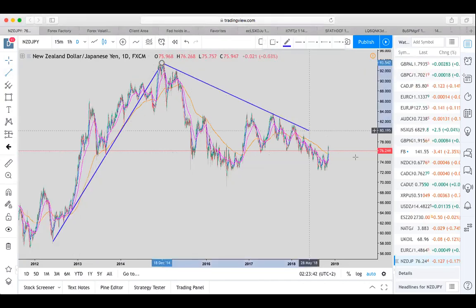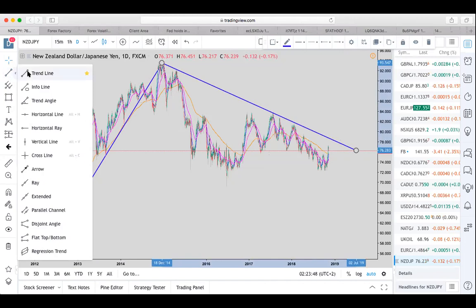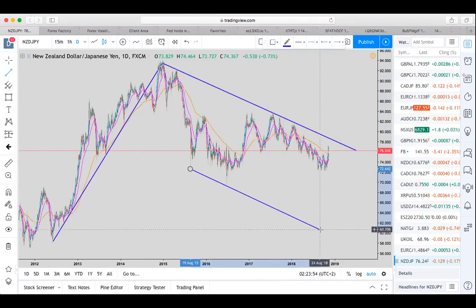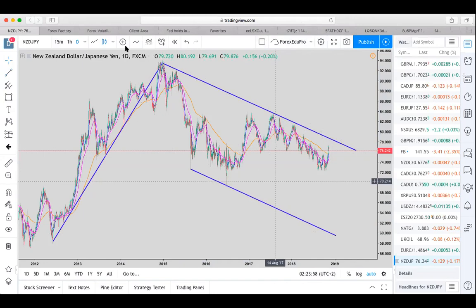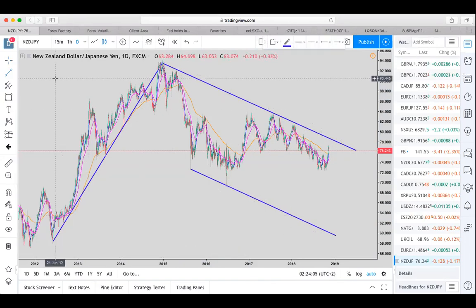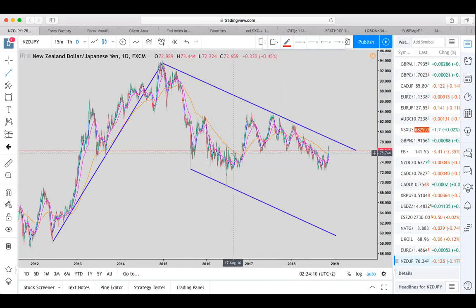So from that point over there, it could go there, okay? And then from this point over here, it could go there on the daily time frame, okay? So within this structure, I'm going to be looking for more points, more clues. I'm a detective trying to solve this crime.